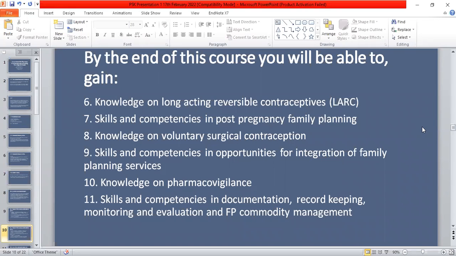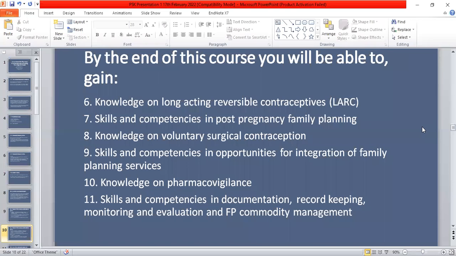11, skills and competencies in documentation, record keeping, monitoring, and evaluation of family planning commodity management. Remember, part of this training and the accreditation of this training was because the Ministry of Health, or government, purposely is looking for data as regards access and use of contraceptives or access to family planning services, and community pharmacies being a first point of call for people in the community.